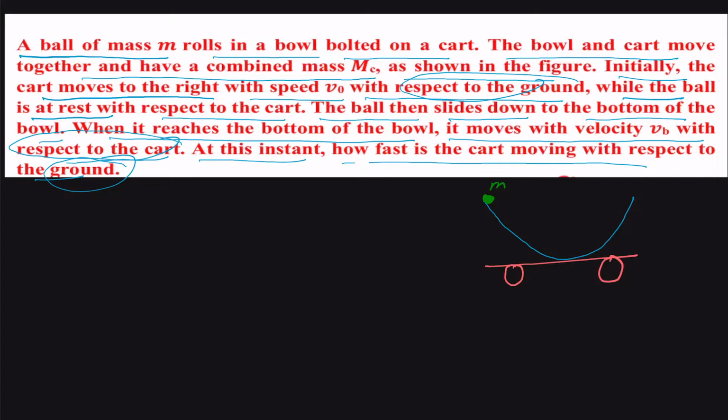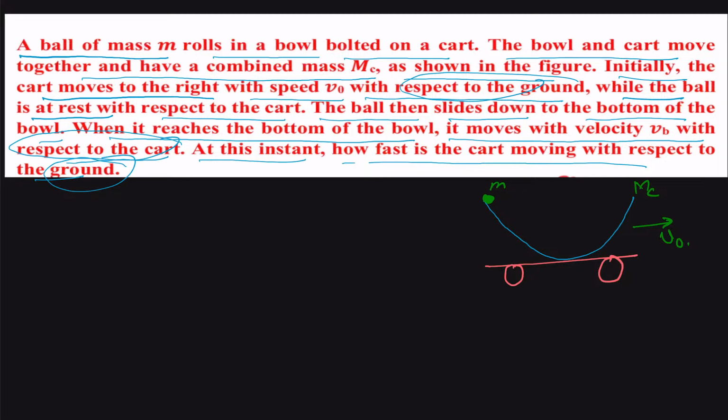And this bowl as well as our cart has a total mass of mc. And they are combined, moving toward the right with the velocity of v naught. That is given to us. And there is no friction anywhere. It's completely frictionless.